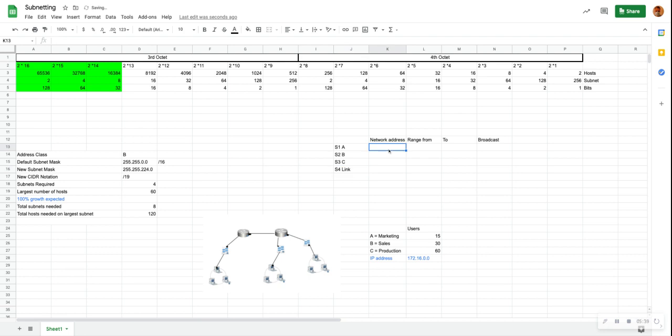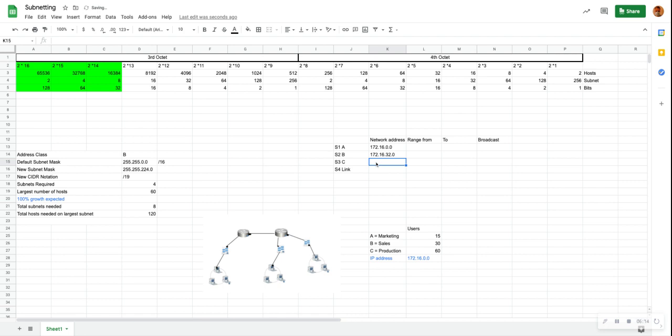Okay. Now, for us to identify the network addresses, again, we're looking at that 3rd octet. The network addresses are going to go up in batches of 32. So the first one is given to us. The second one, again this is just network addresses, is 32.0.